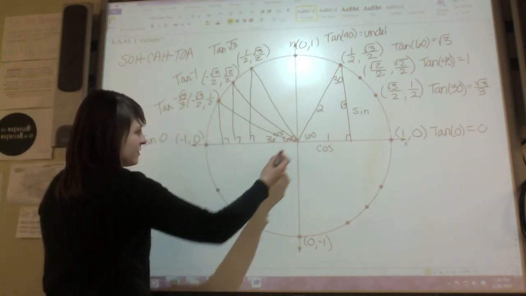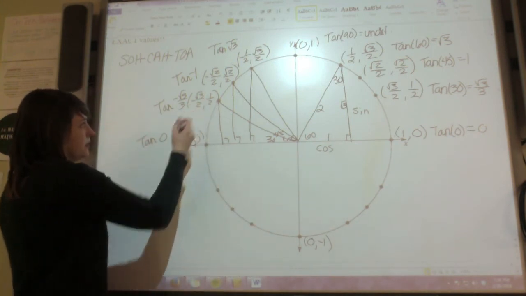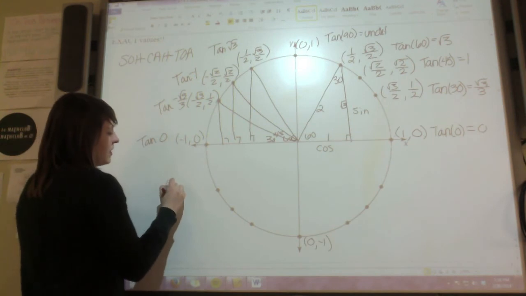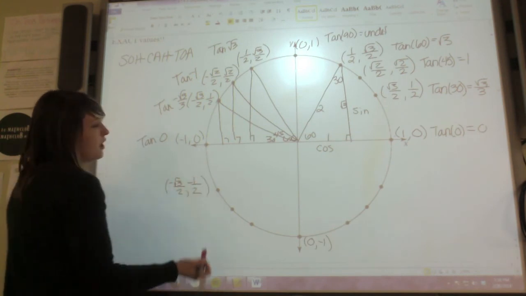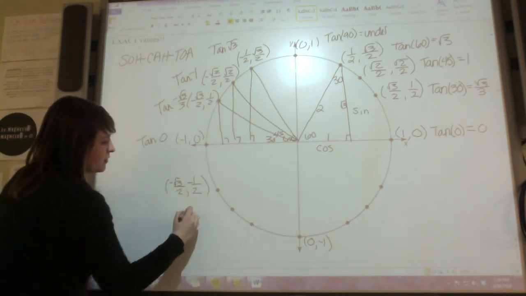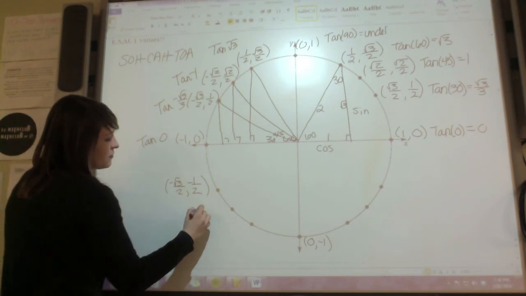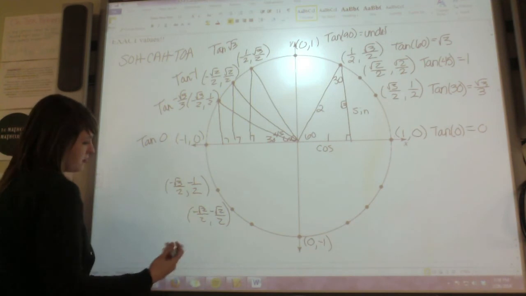Down here, this is my 30-degree angle. So my 30 degree, that's like this one here. So that's going to be negative square root 3 over 2, negative 1/2, because in the third quadrant, both of my values are negative. Okay, this one is going to be negative square root 2 over 2, negative square root 2 over 2. So again, they're both negative.